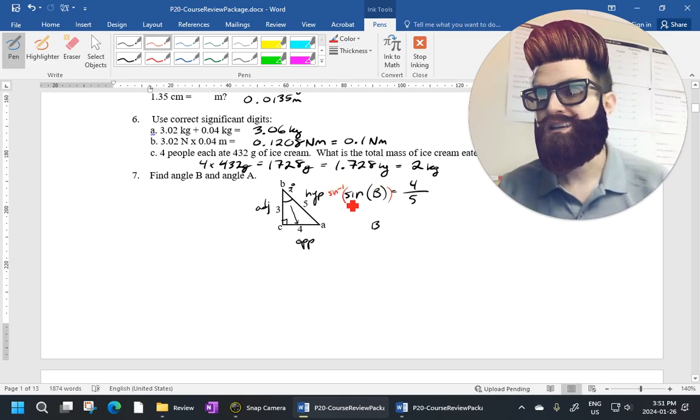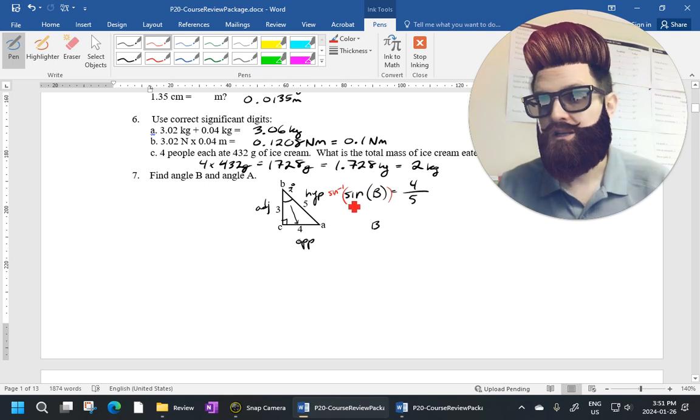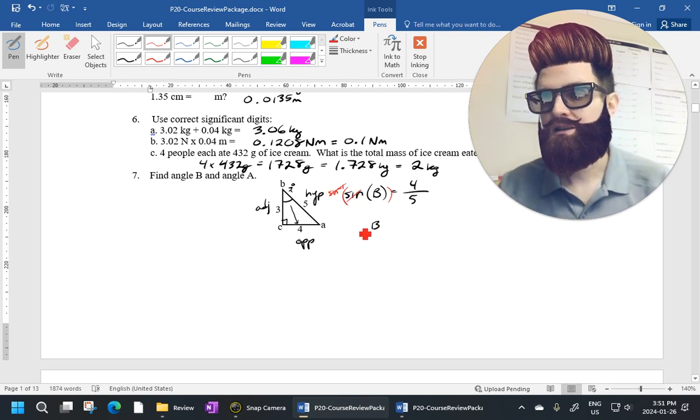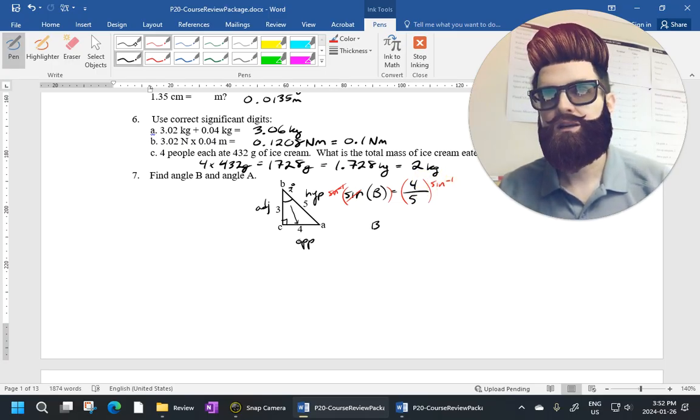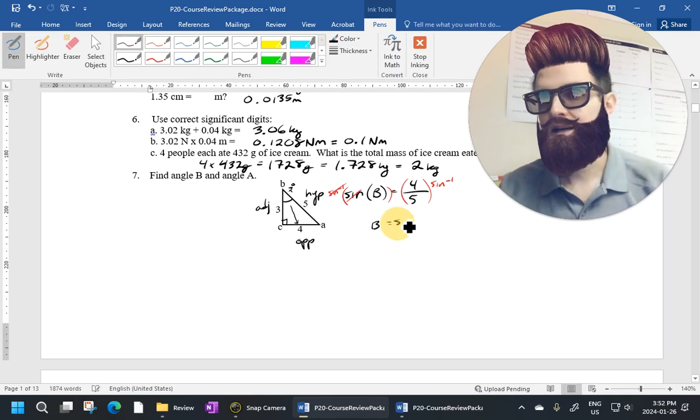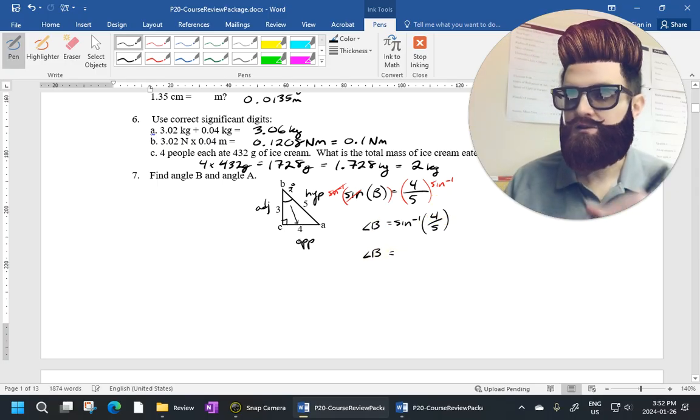So we've got to do the inverse of sine. The inverse of sine cancels the sine out, so I get B by itself. But whatever you do to one side, you have to do to the other side. So I've got to take the sine inverse of both sides. So angle B here is going to be the sine inverse of 4 over 5.